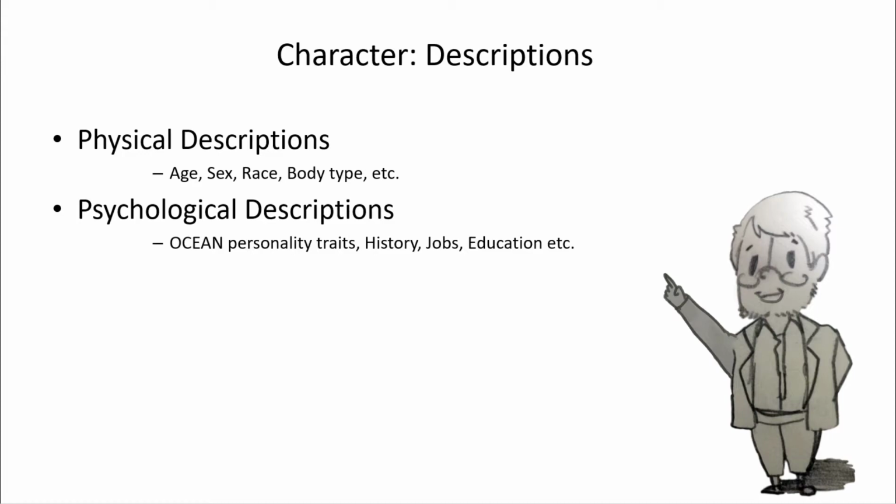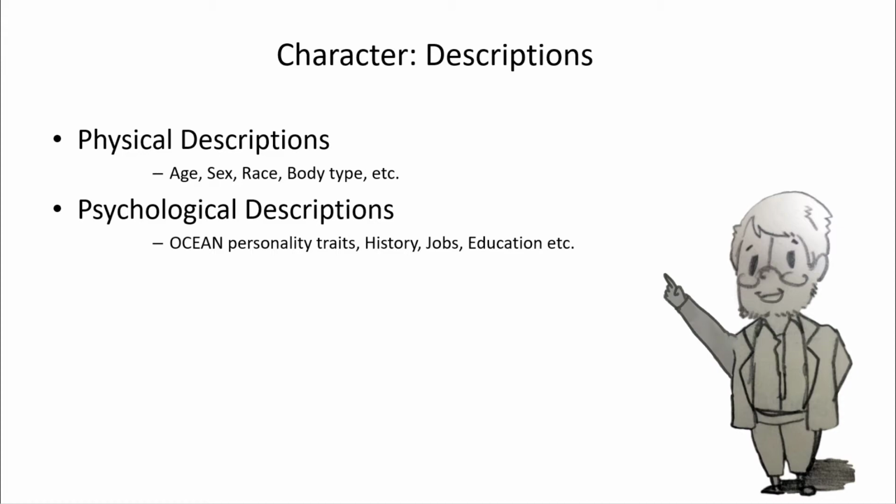We also can think about the character description in terms of their psychological description. The big 5 personality traits: OCEAN, openness, forgive me, I can't remember the acronym, but the psychological description, the personality traits, how they respond to certain stimuli. What is their history?